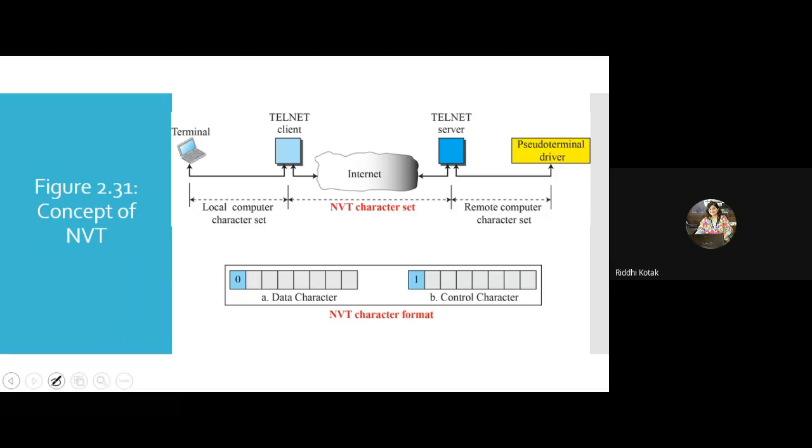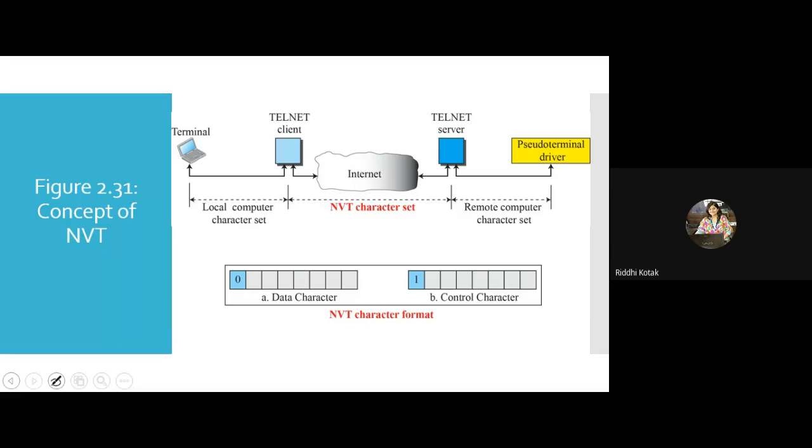Now from the client's local computer, information will be maintained as a character set. For example, your username contains many characters, right? Your email ID contains characters. Your name also contains a number of characters, right?